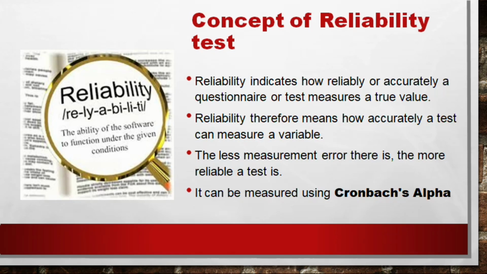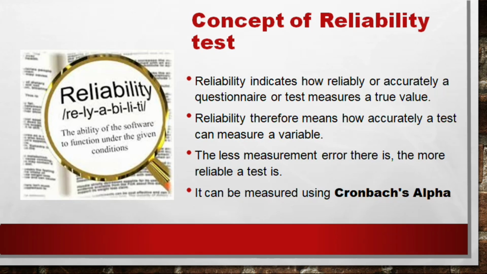So it actually checks how accurately a test can measure a particular variable. The less the measurement error, the more reliable that test is. And there are different statistical tools you can use to do that. But the one of interest in this particular training is Cronbach's Alpha. Cronbach's Alpha is what I'm going to show you how to use.